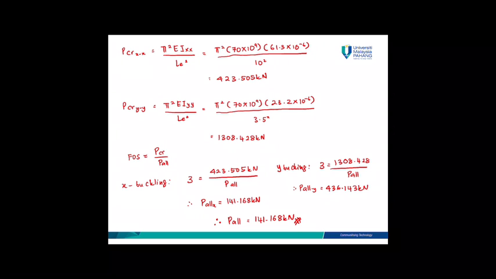So for P allowable, we choose the lowest allowable load, because the X axis can sustain only 141, but Y axis can sustain up to 400 kilonewton load. So that's why we choose 141, and here we will design the column.